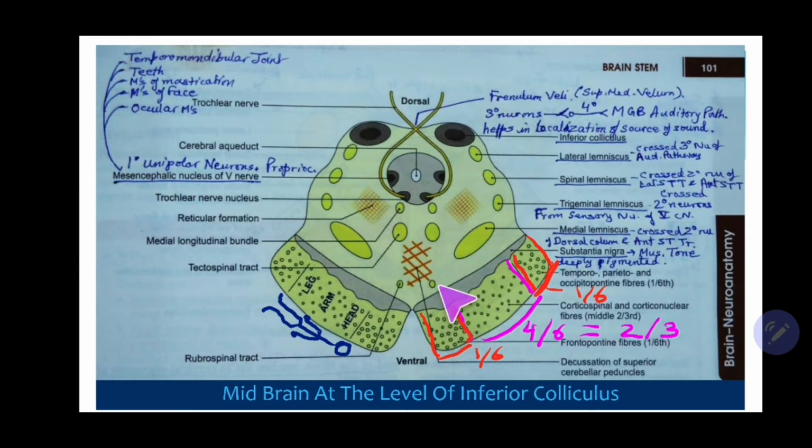Then deep to the crus cerebri, there is the substantia nigra. It's a lamella of gray matter, which has pigmented neurons containing melanin pigment. These are dopaminergic neurons present in the substantia nigra.